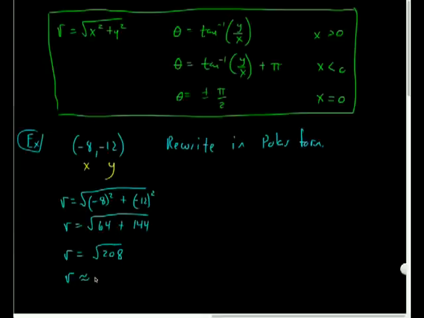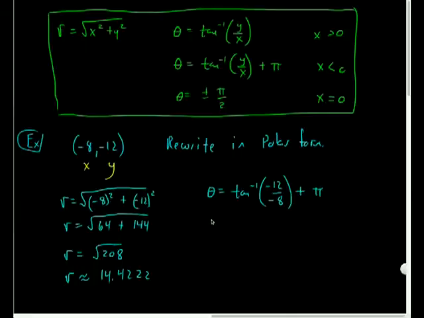So r is approximately, 208, and I get 14.4222, non-repeating. So there's our r. And then to find theta, since we've already determined we're using this version of the formula, we'll just do tan inverse of y over x, so make sure you plug that in the right order. And like I said, drawing a picture of where this point is in the triangle will probably always be helpful, so it's not a bad idea to do that.